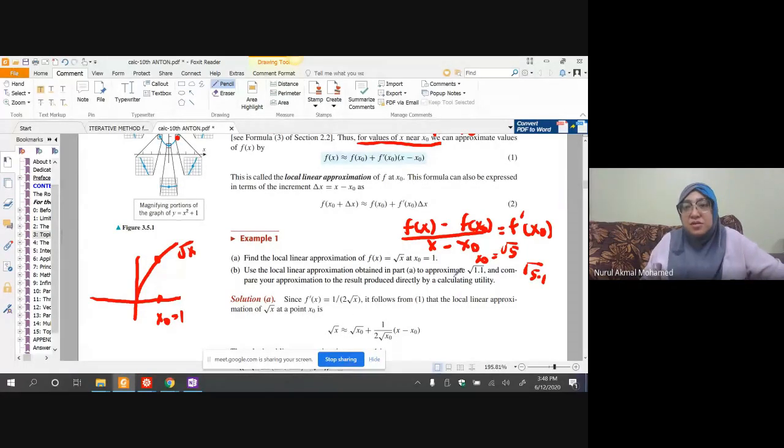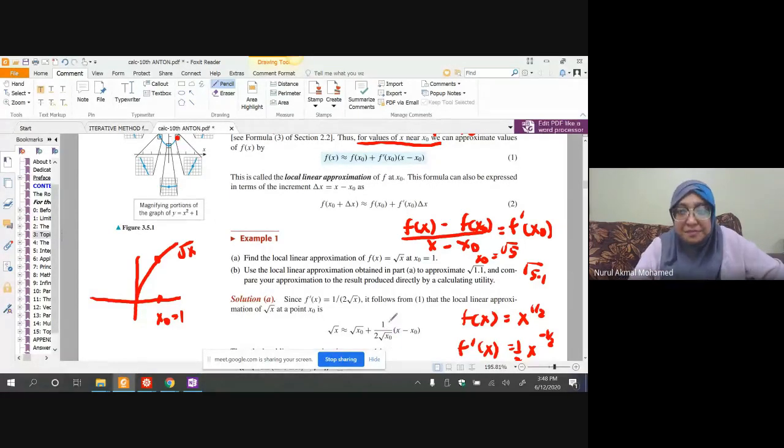By using the power rule, you get f prime of x equal to 1/2 x to the power of negative 1/2, so 1/2 multiplied by 1 over square root of x naught.